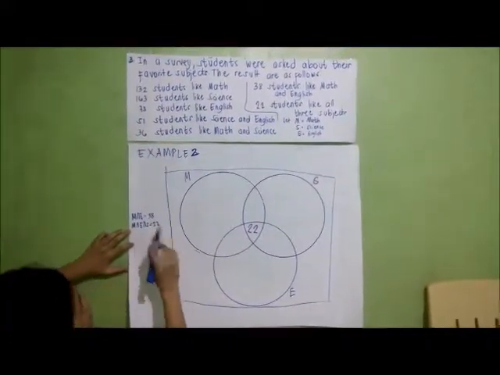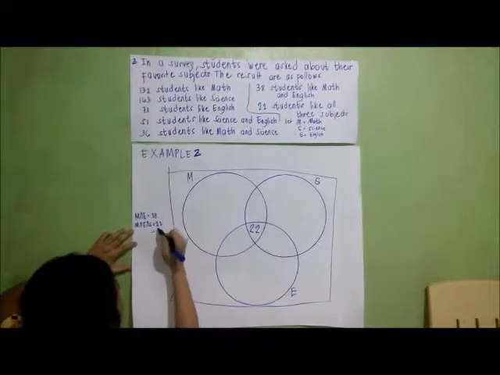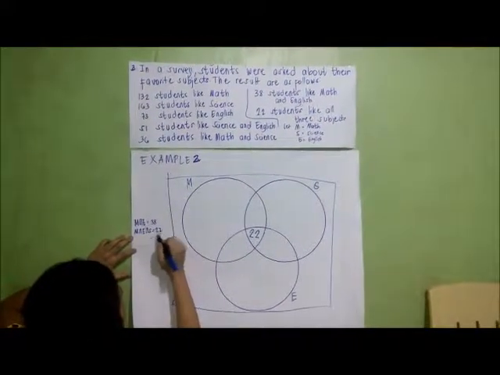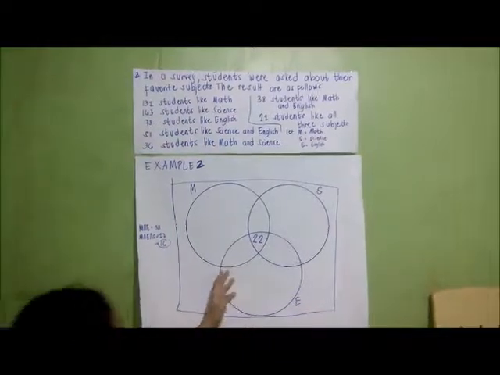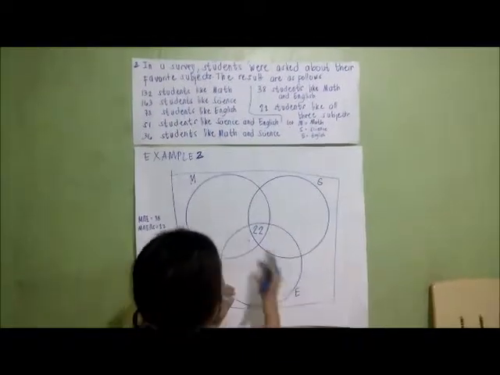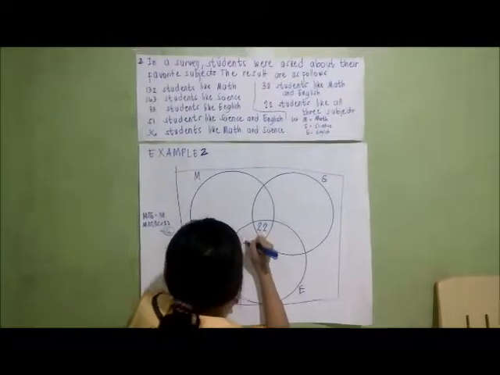So 38 minus 22 is equal to 16. So our intersection of M and E is 16.